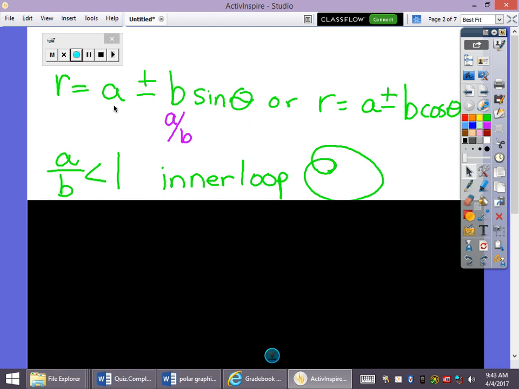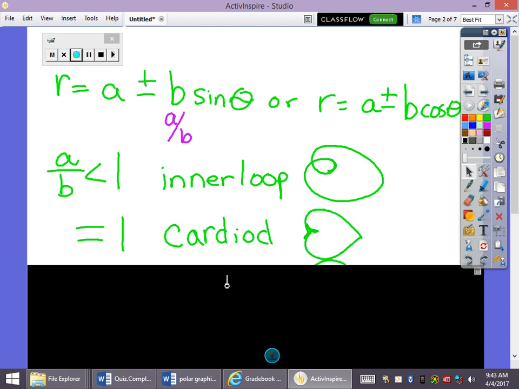Okay? If it is equal to 1, it's a cardioid, so it looks like a heart. I remember one true love, heart.